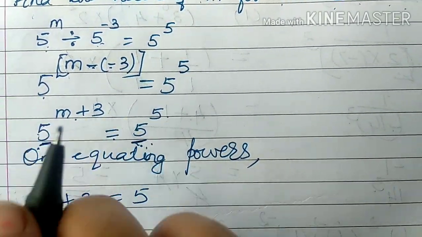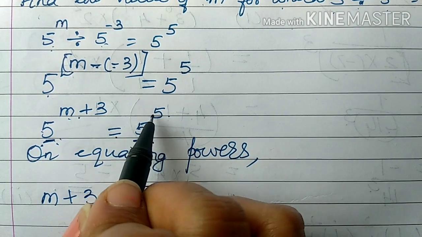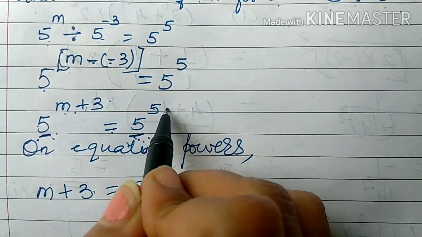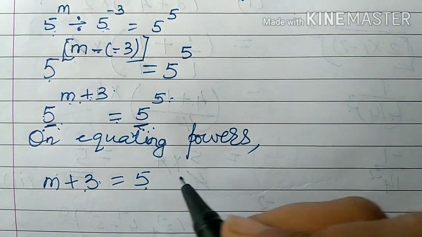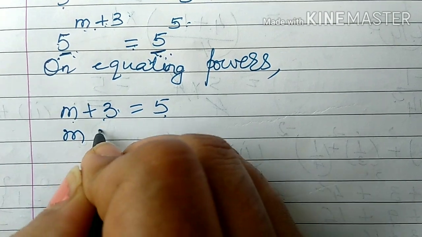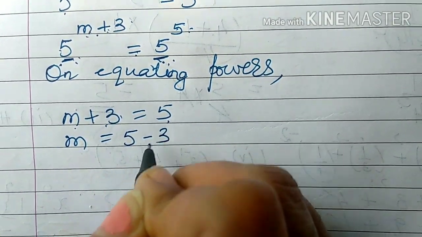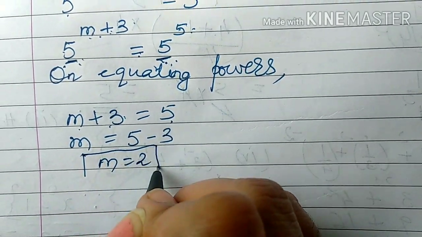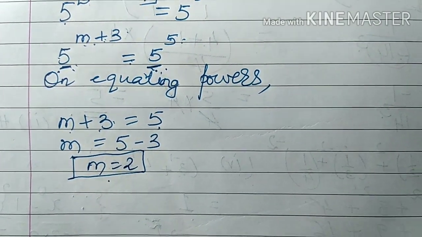Now whatever is remaining in the powers, that we write. That is m plus 3 is equal to 5. Now this is a simple linear equation. If we want to find the value of m, solve. m will be 5 minus 3, that means m is equal to 2. Hence our answer is 2.